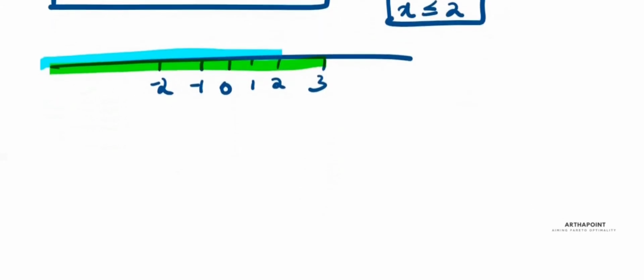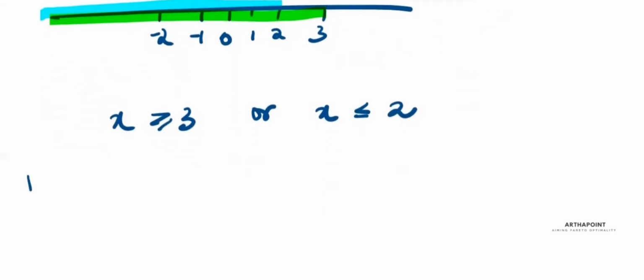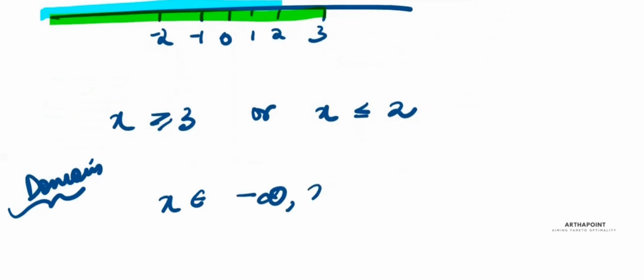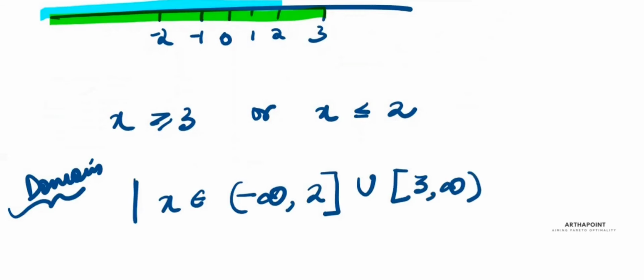So I get two answers here. Either x has to be greater than or equal to 3 or x has to be less than or equal to 2. So the domain that I have got is that x can belong to anything from minus infinity to 2. 2 can be included because at 2 it is 0, or it can be anything from 3 to infinity.